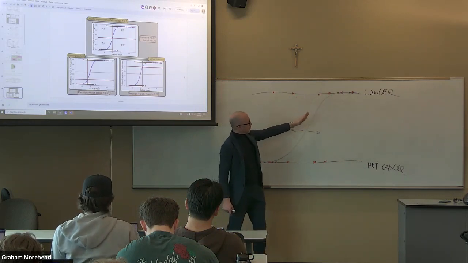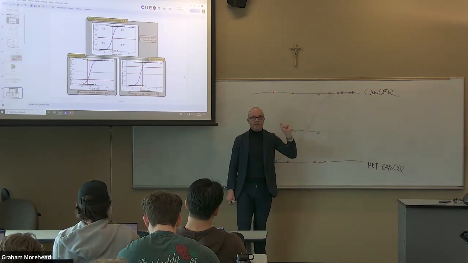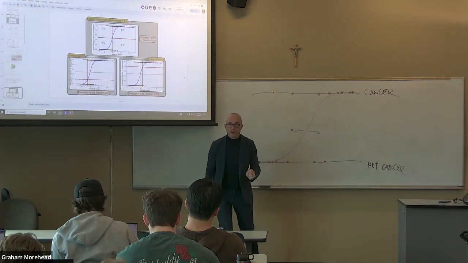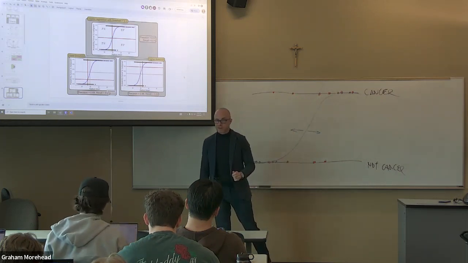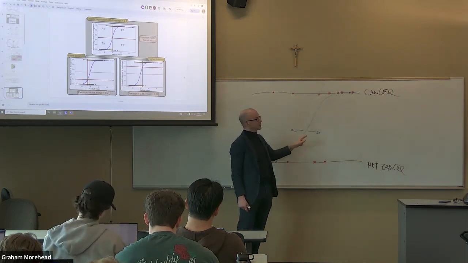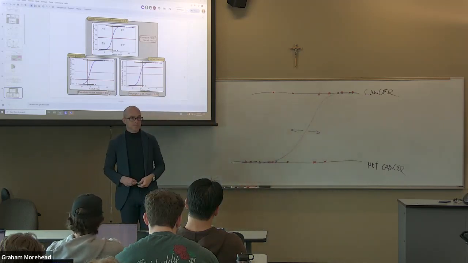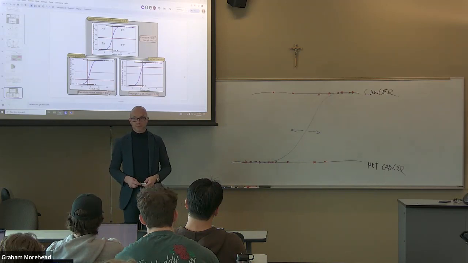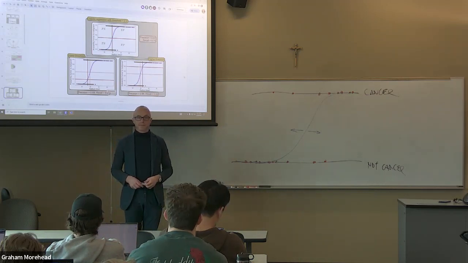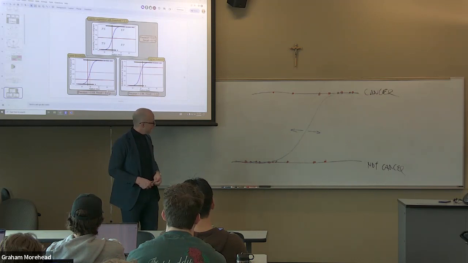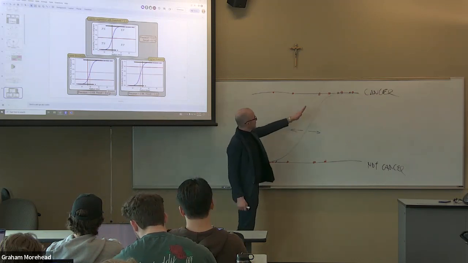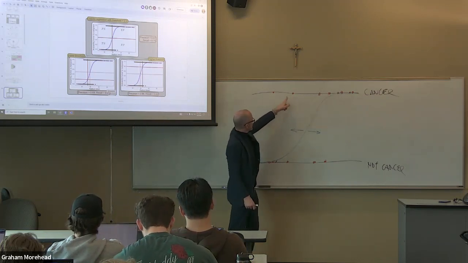So if we want to increase our recall of cancer cases, which way should we shift this curve? To the left, exactly. Because if you shift it to the left, more of these will have a higher probability.